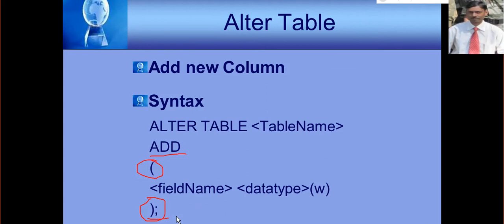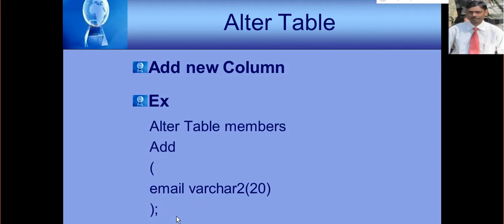Okay, now see the example. Suppose that if you have not added the email field, and if you want to add the email field in the table, then we can use add email with varchar2. Okay, for example, if you want to add an email field in the members table, then you have to write alter table, table name.